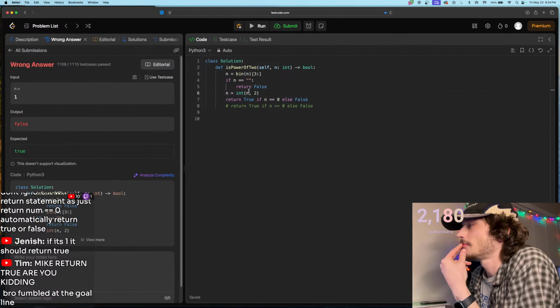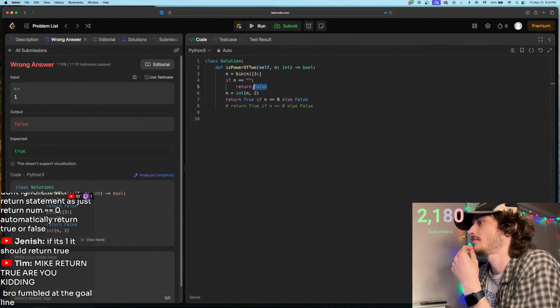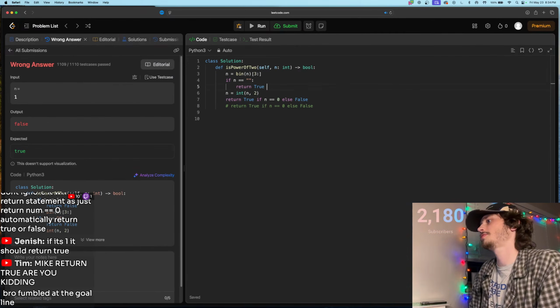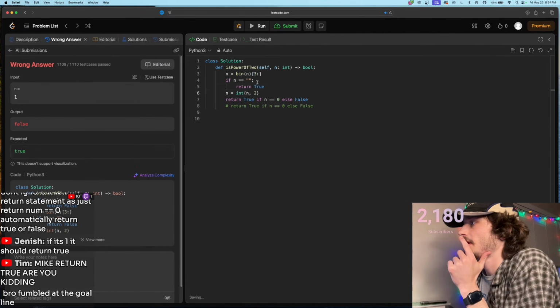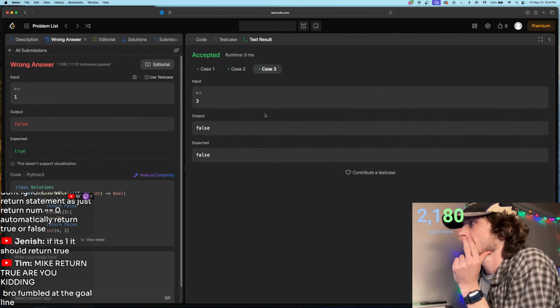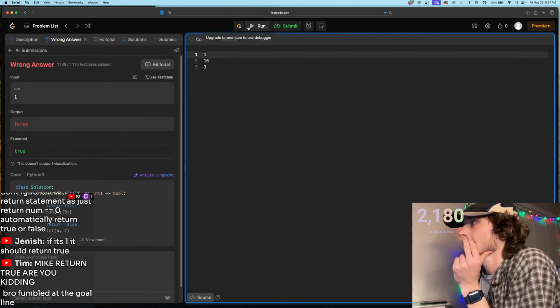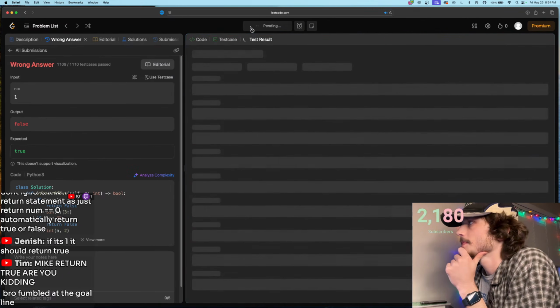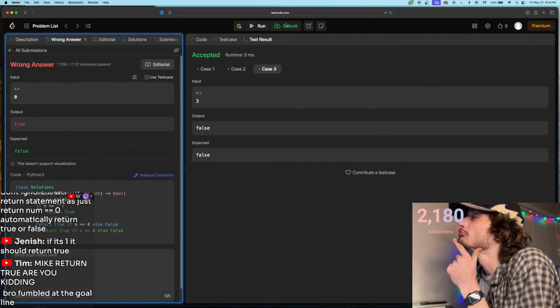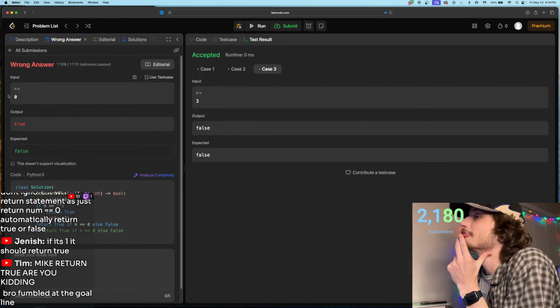Oh. So if n is, we want to return true here if it's a blank string, meaning that n equals 0.